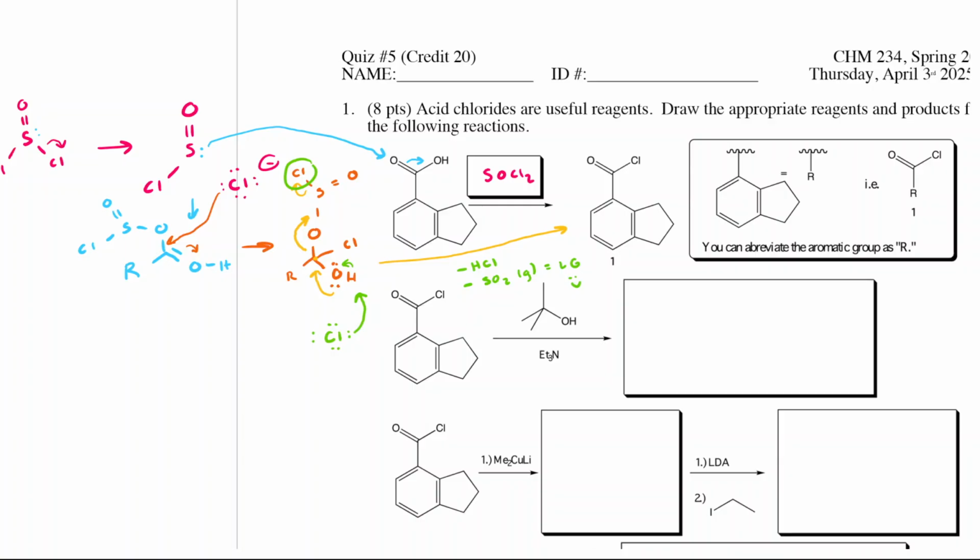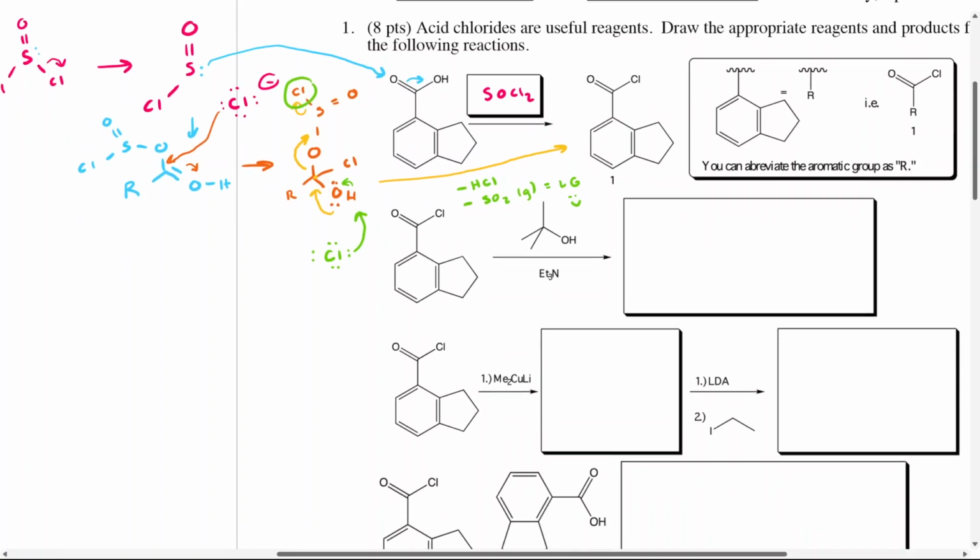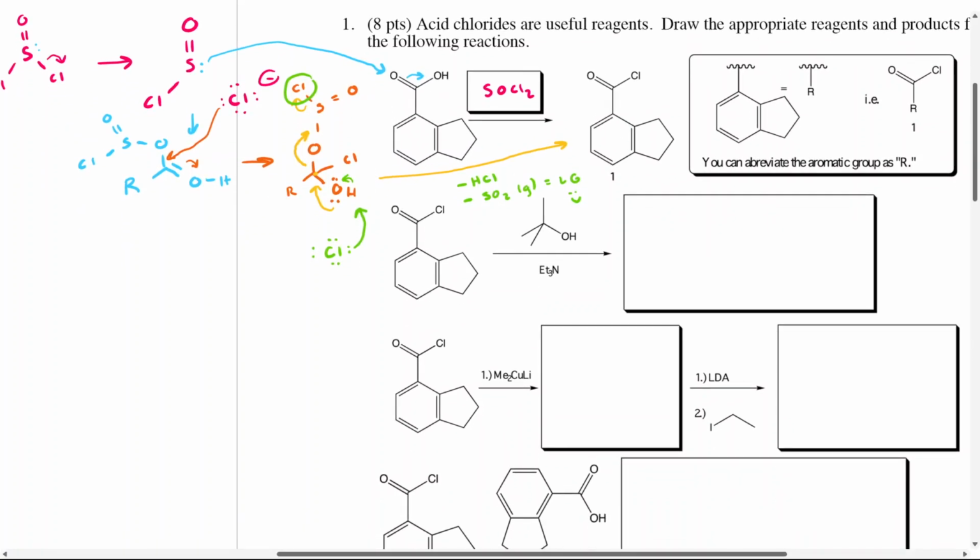And for the second one, it's not too bad either. First, we have to recognize the ethyl 3 nitrogen, Et3N. The nitrogen is a strong base, which means it's going to deprotonate stuff.